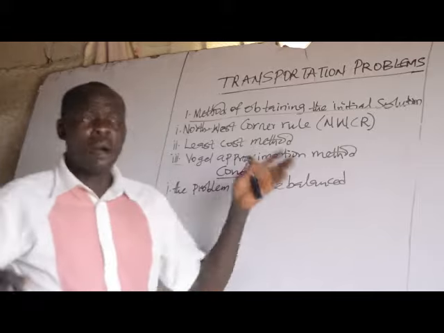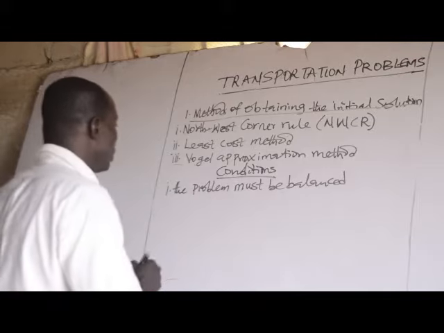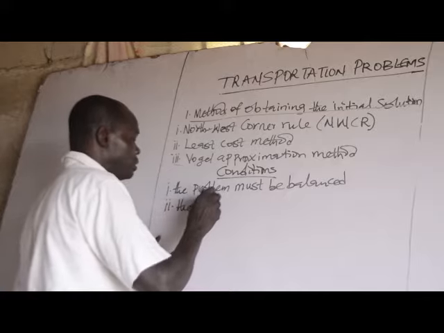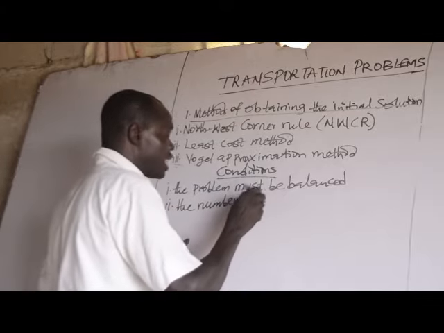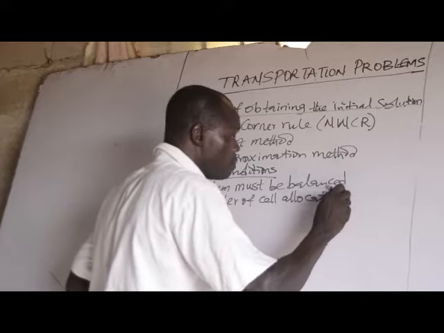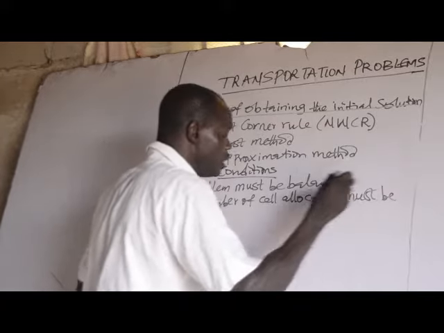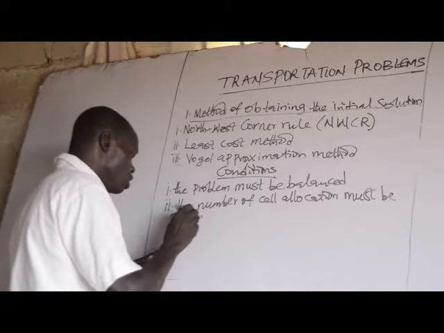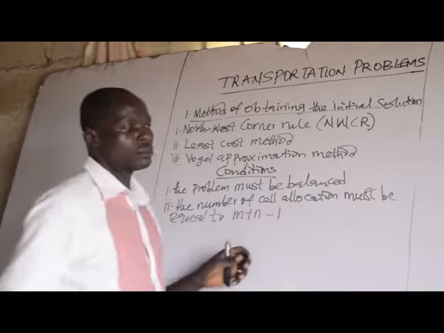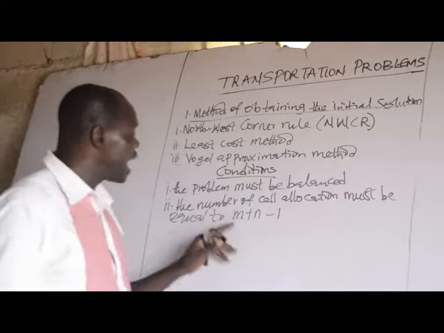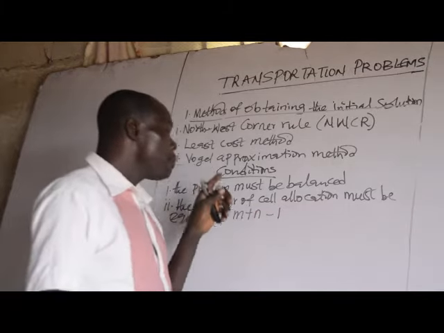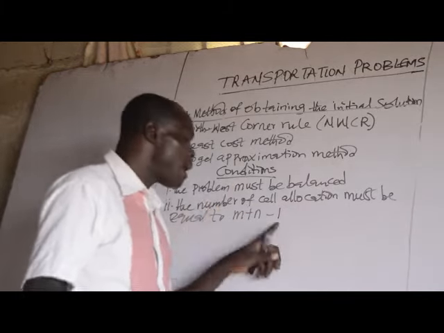Number 2, the number of cell allocations must be equal to m plus n minus 1.